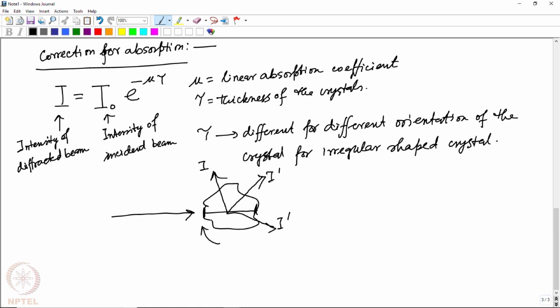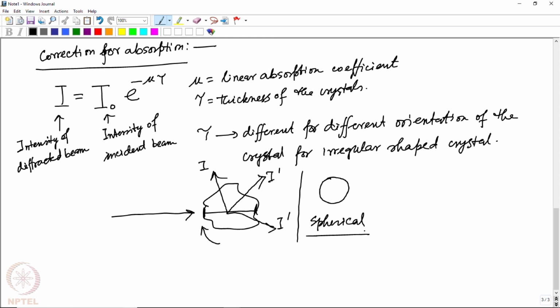So, to reduce this, what one should do is to choose a crystal of some regular shape, ideally spherical. If a crystal can be ground to a spherical shape, that is the best crystal for any X-ray diffraction experiment, where the absorption effect is minimized in all the directions and we don't need to do any correction for absorption.